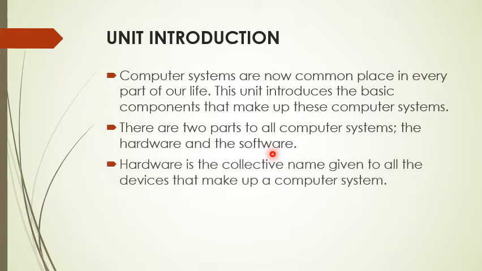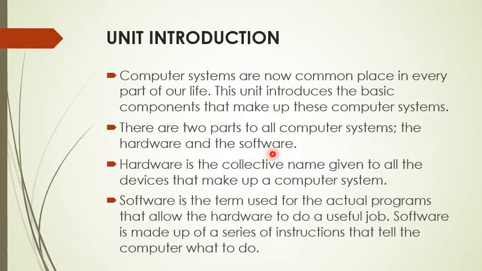What hardware is. Hardware is the collective name given to all devices that make up a computer system, or those physical parts of a computer that we can touch and see are known as computer hardware. What software is?